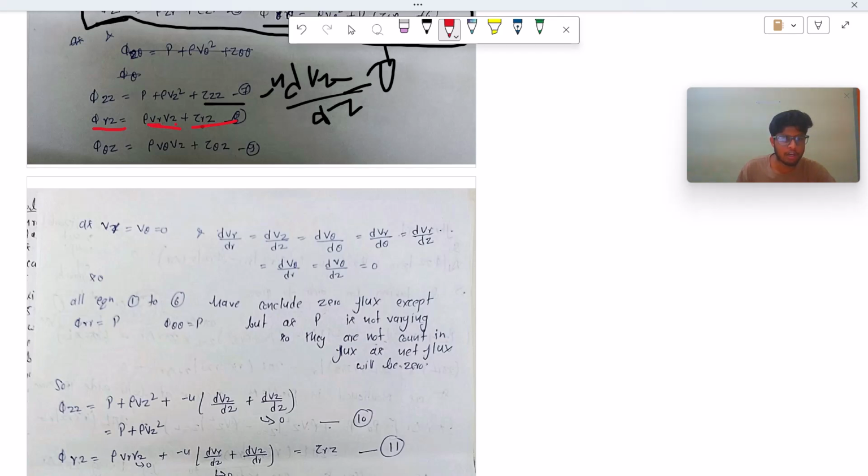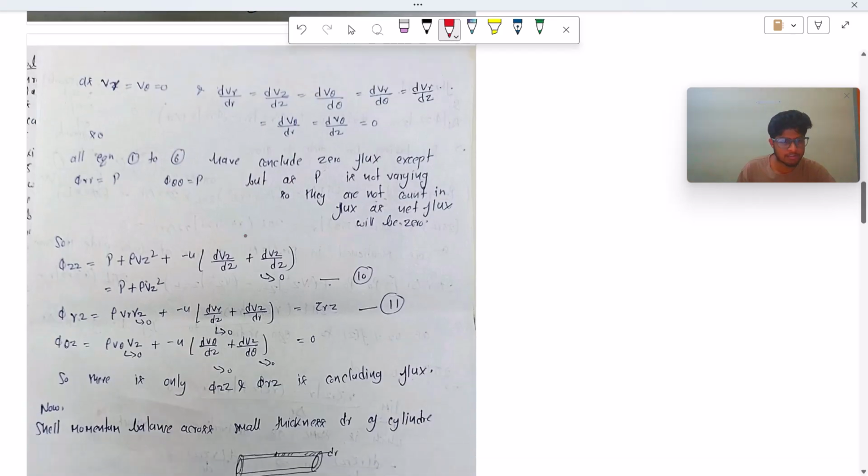So we have only tau rz, and it will have some value, as the velocity in the z direction is varying in the r direction. Only this component exists.